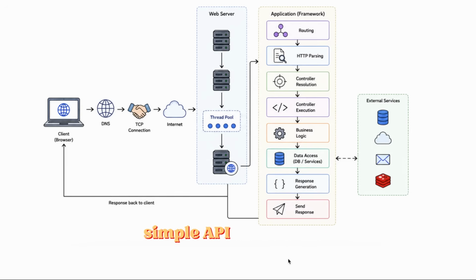What looks like a simple API call actually goes through multiple layers internally, and slowly understanding these internals changes the way you think about backend systems, because real backend engineering is not just about writing APIs, it's about understanding what truly happens underneath.